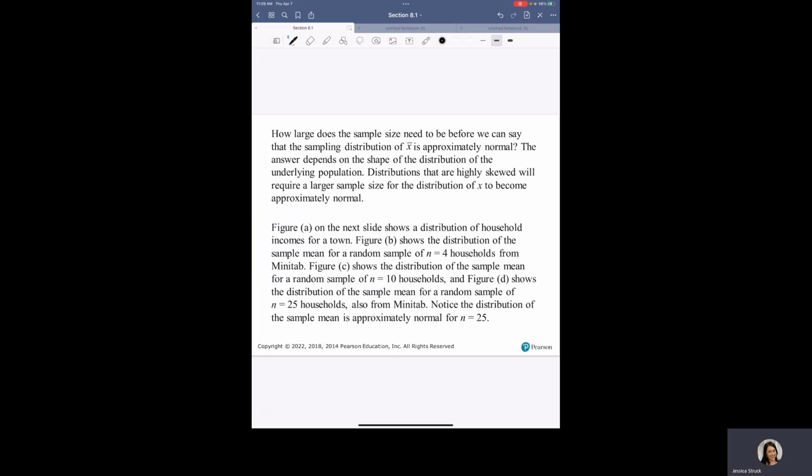But how large does that sample size need to be before we could say the sampling distribution of X bar is normal? Well, it obviously depends on the shape of the distribution of the underlying population we're starting with. If we're starting with something that's highly skewed, we're obviously going to need a larger sample size.